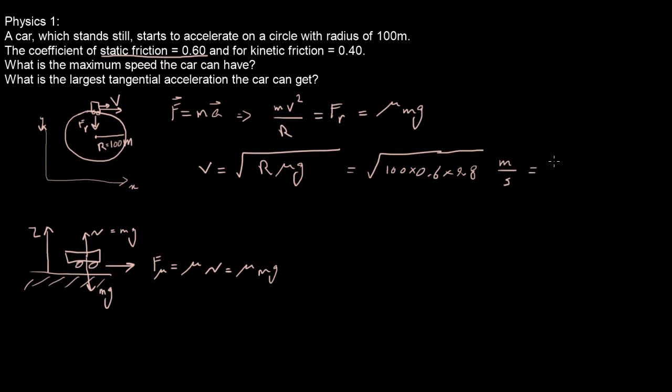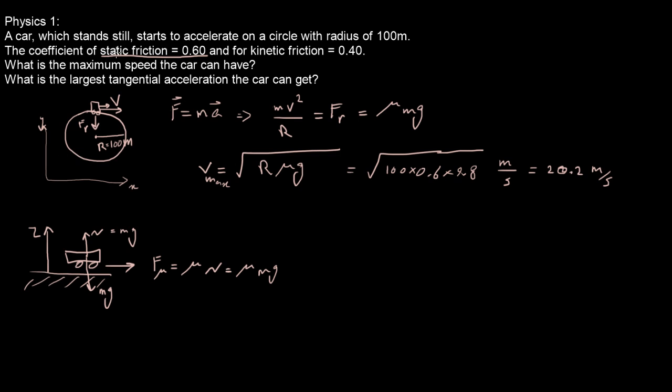So this is equal to 20.2 meters per second. This is the maximum velocity that the car can go to stay on the circle. Now if the car moves faster than that, it can't stay on the circle, it will slip out.